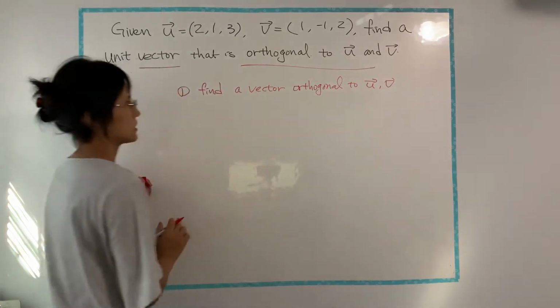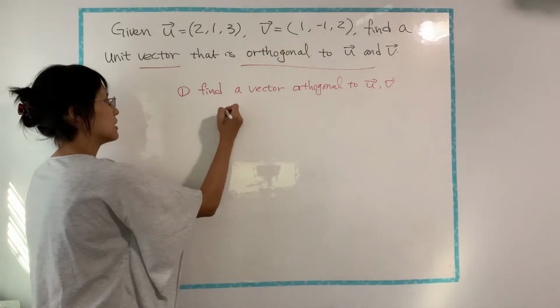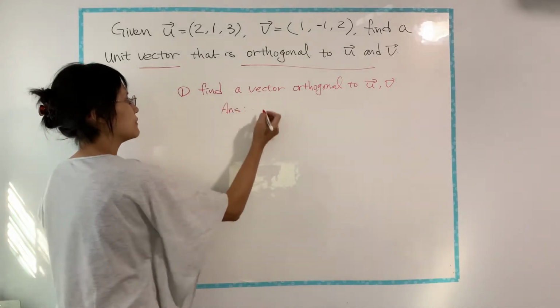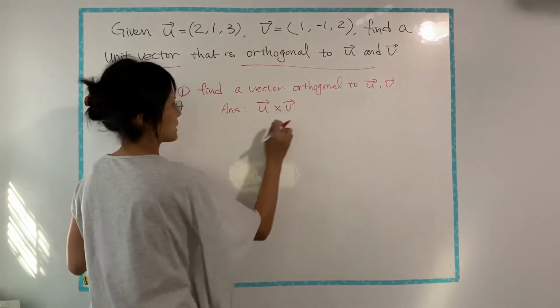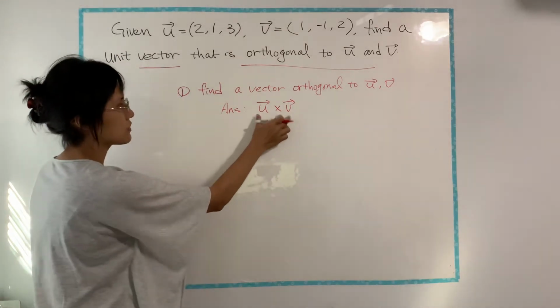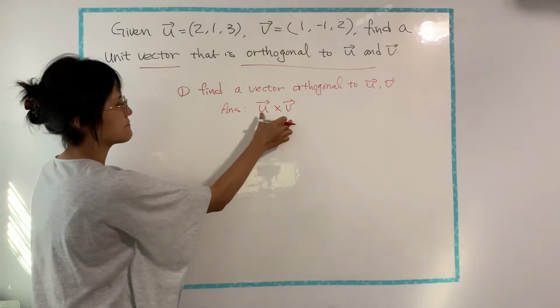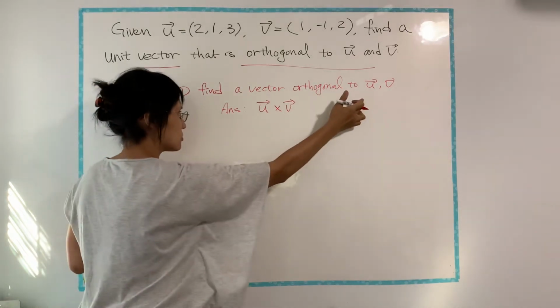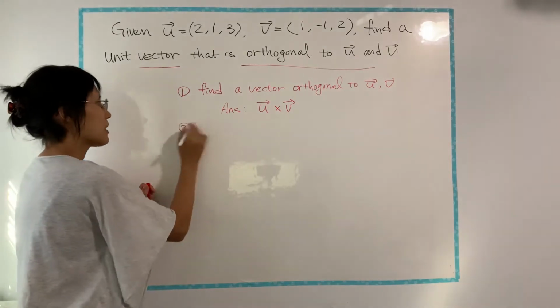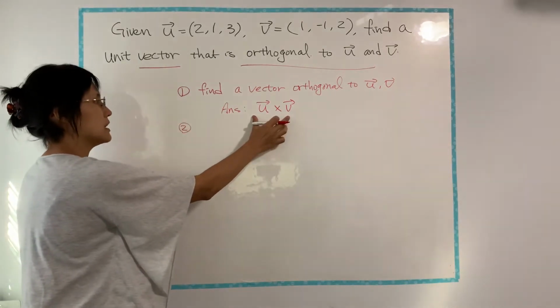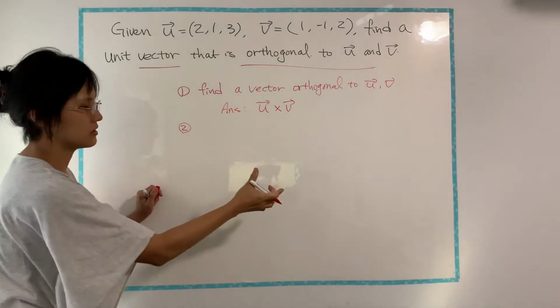How do we find that vector? We can find that vector by doing the cross product. So the cross product U cross V will give us a vector that is orthogonal to vector U and vector V. But this vector may not be a unit vector.